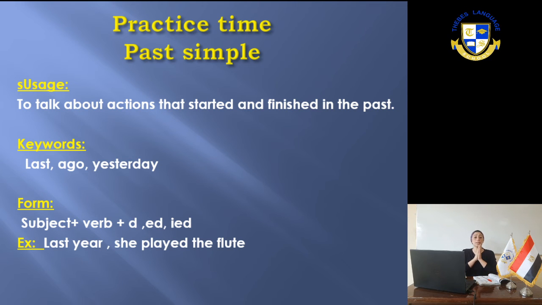We use the past simple tense to talk about all the actions that started and finished in the past. You know the timeline of our life: past, now, which means the present, and then what's coming next, which means the future. So in the past, we are talking about all the actions that started and finished in the past, and we are done with this.